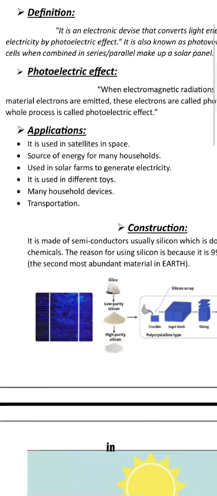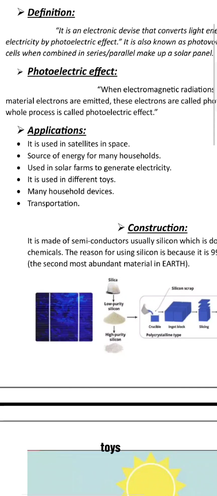As I told you, the solar cell creates electricity in the form of DC. In solar farms, there are inverters that are used to convert this DC into AC so that this energy can further be supplied to many utilities like homes, factories, industries, and many more.